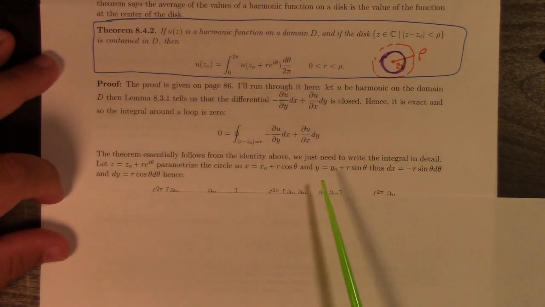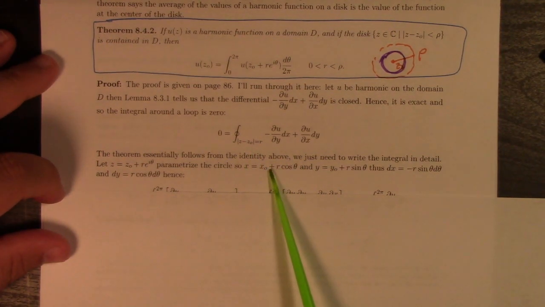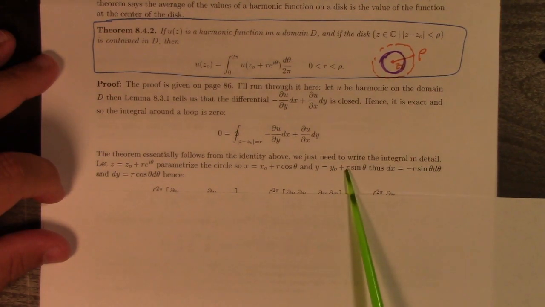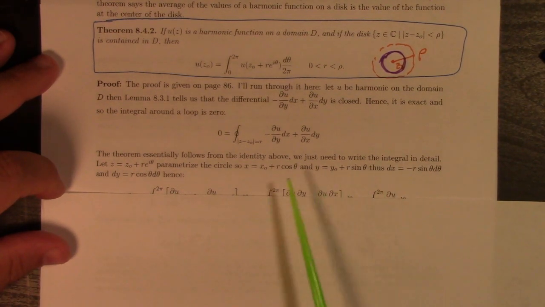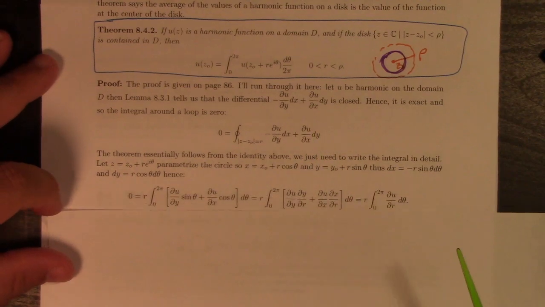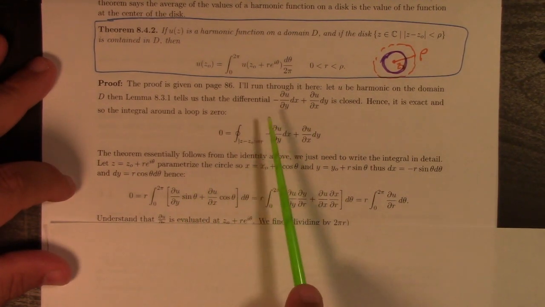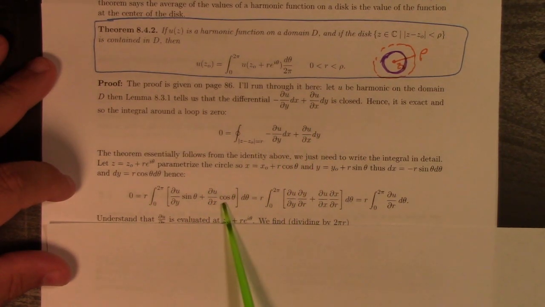Parameterize the circle by x equals x naught plus r cosine theta, y equals y naught plus r sine theta. There are the real and imaginary components of my previous formula, which we talked about a couple minutes ago. And so you calculate dx, you calculate dy, you put them in here, and out pops partial u partial y sine theta and partial u partial x cosine theta.